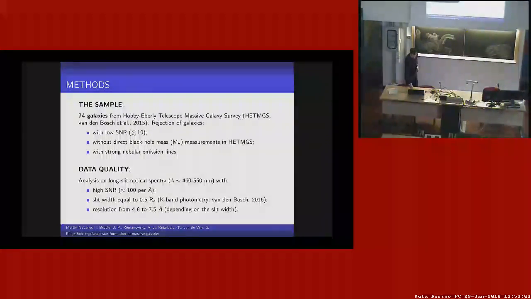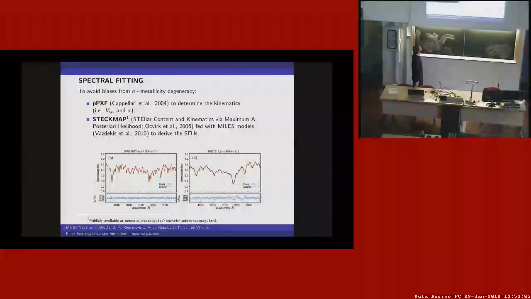Okay, so let's move on with the spectral fitting. They adopted a two-step procedure in the spectral fitting to minimize the effect of the velocity dispersion and metallicity degeneracy. In particular, they retrieved the kinematics with pPXF, created by Cappellari, so mainly the parameters of velocity and velocity dispersion.